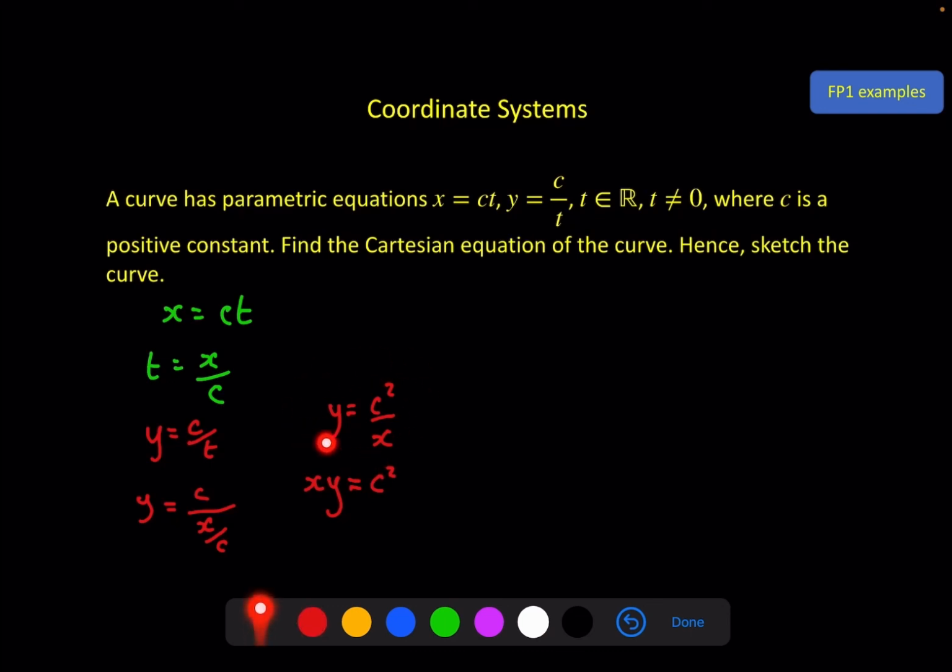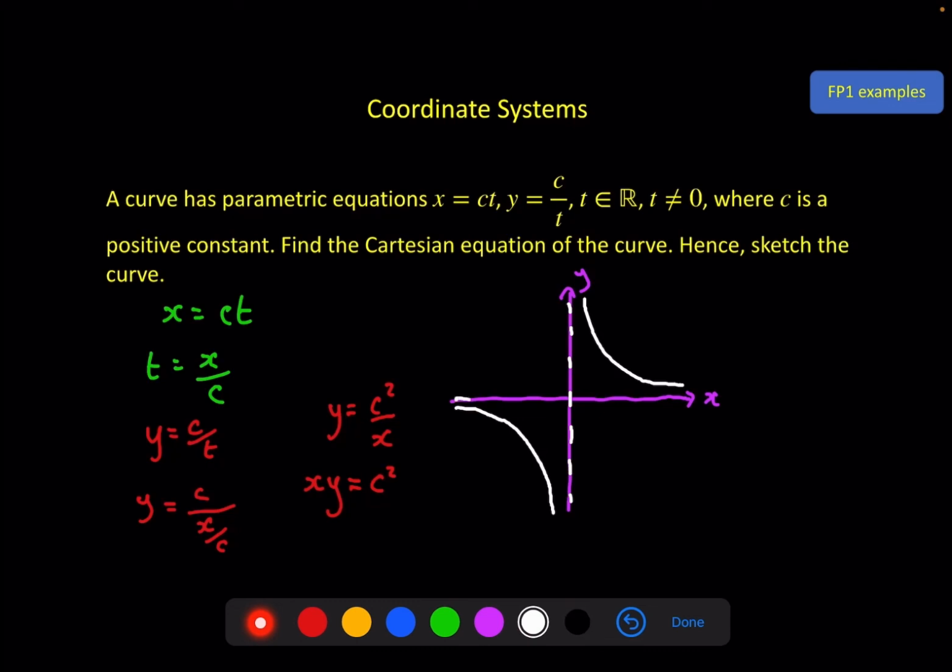So this one here is a 1 over x graph. It's a reciprocal. So hopefully you know the shape of that from previous work, it is something like this, with an asymptote on the y-axis and an asymptote on the x-axis.